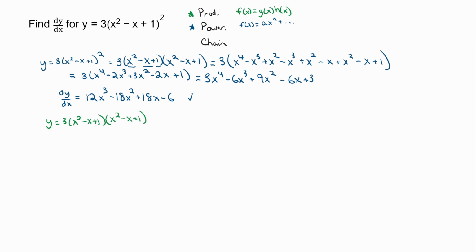And so if we take the derivative of y with respect to x, what this will end up being will be 3 times the whole quantity, x squared minus x plus 1, multiplied by d over dx of the quantity, plus the same thing.